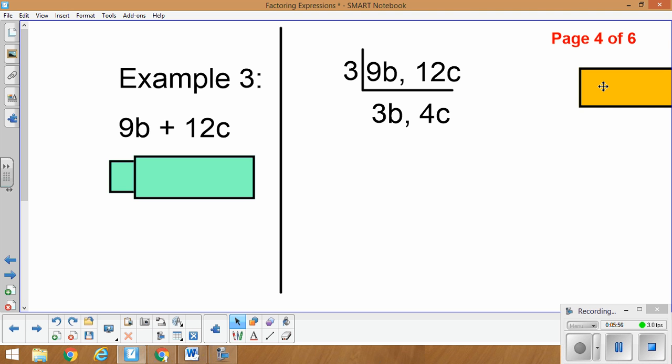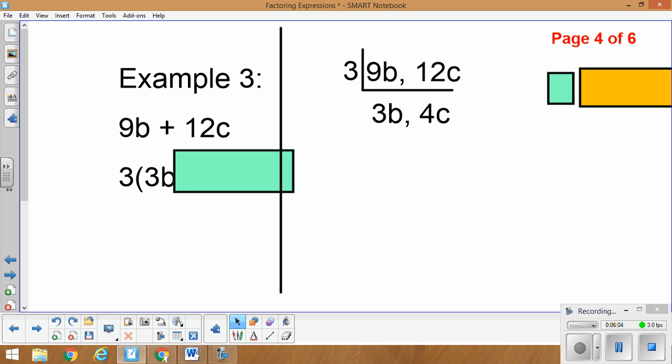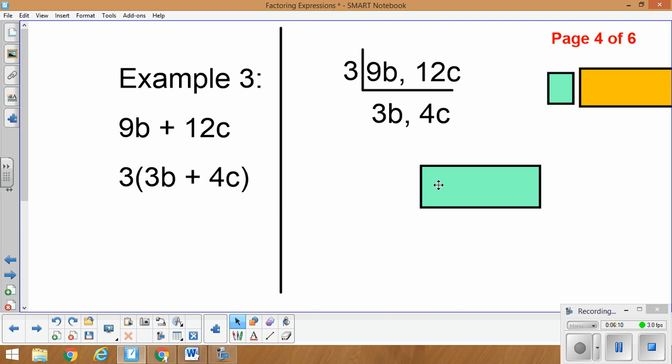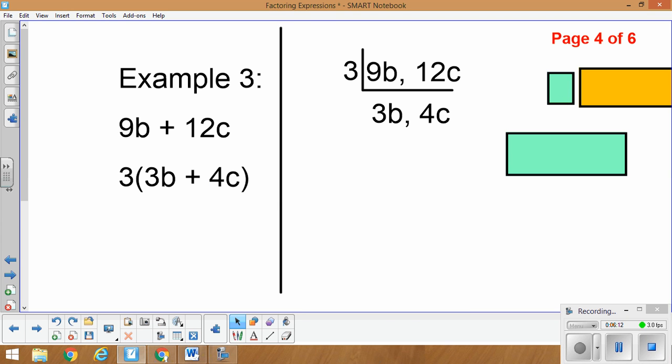Since nothing can go into 3 and 4 evenly, we are finished. So our common factor is 3. 3 goes into 9b 3b times. Bring the plus sign down. And then 3 goes into 12c 4c times. If you are having any questions as we're going through this, write them down and ask them in class tomorrow.